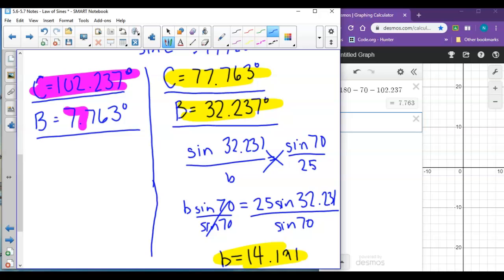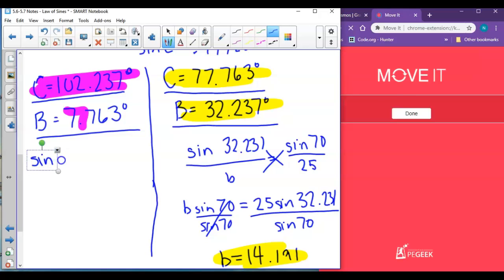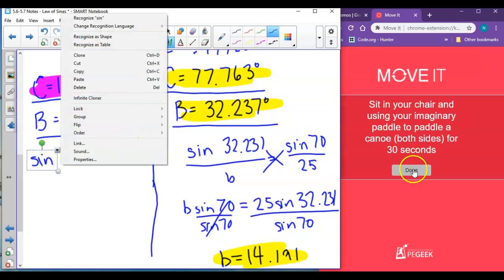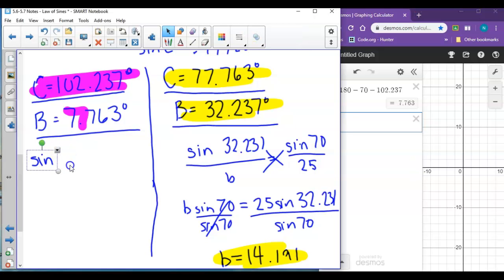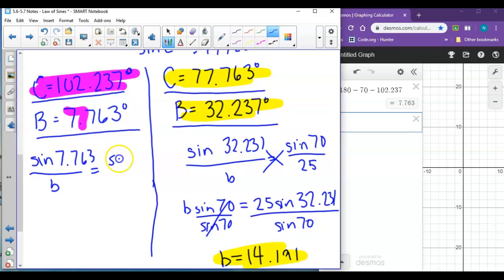And so to set up law of sines for that, we would have sine of 7.763 over B equals sine of 70 over 25.